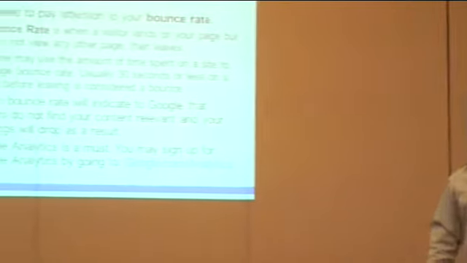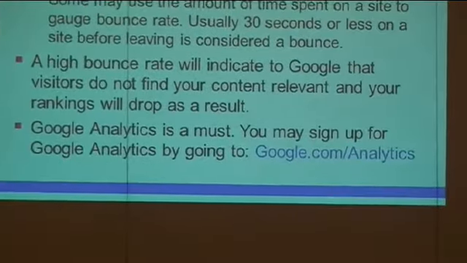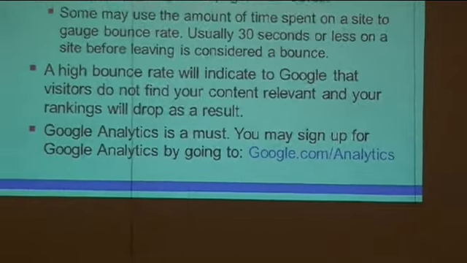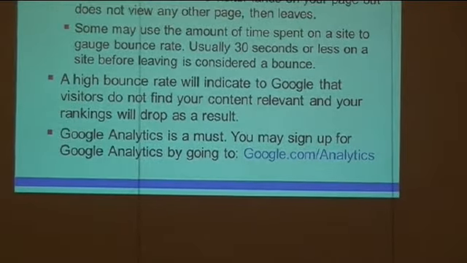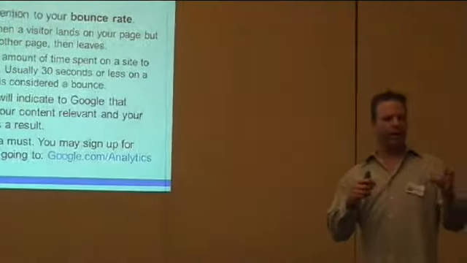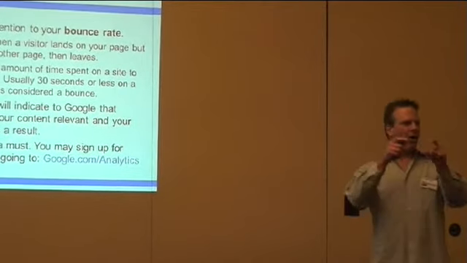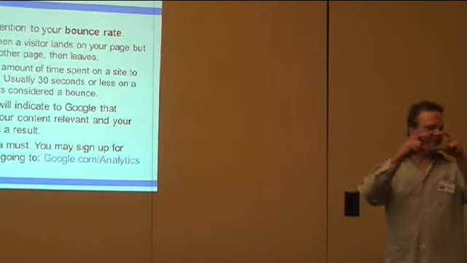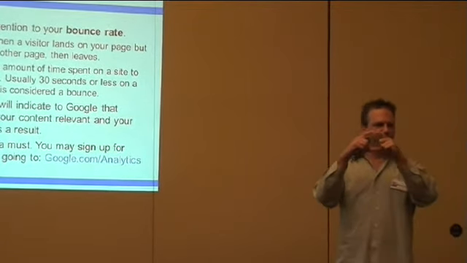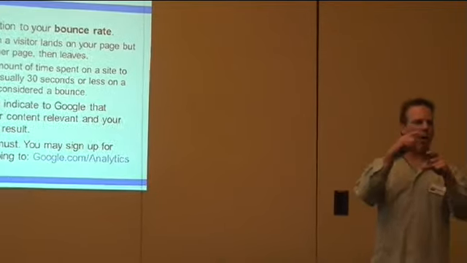I've gone back to Google Analytics. I didn't use it for probably about a year, but they've made a lot of recent changes over the last few months. They now have real-time statistics. You can actually go in, it's in beta, but you can actually go in and see where your visitors are at that exact moment that you're looking at it. So if your visitor comes in, it's going to pop up into analytics. You're going to know how much time.